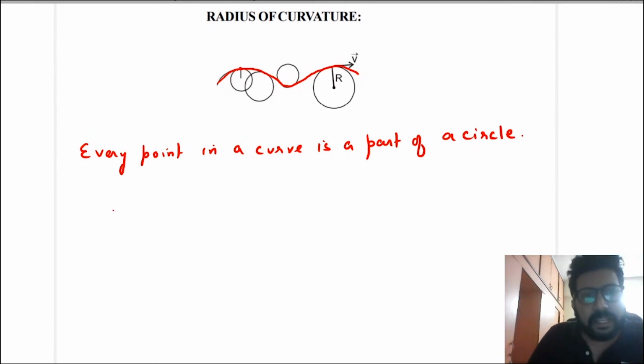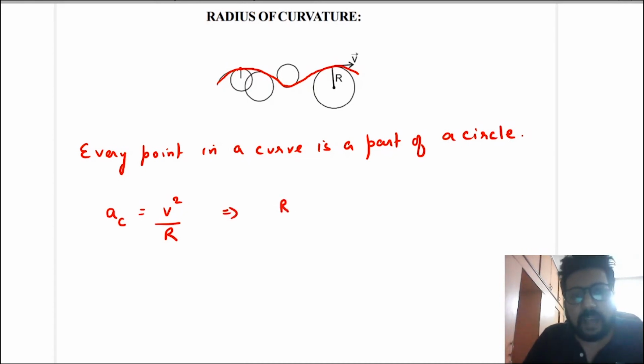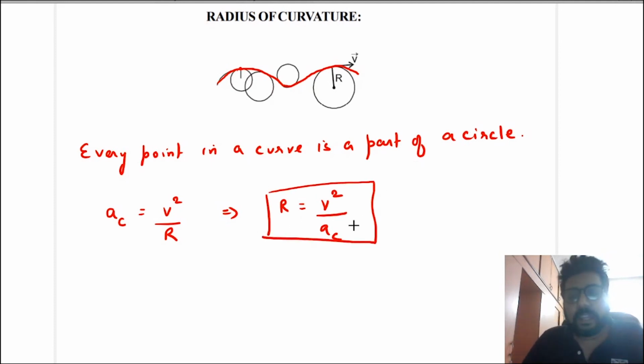you know that centripetal acceleration is equal to v square by r. So that means r has to be equal to v square by centripetal acceleration. At any point, the direction of velocity is always along the path, so the speed will be along the tangent. And what is the radial acceleration?